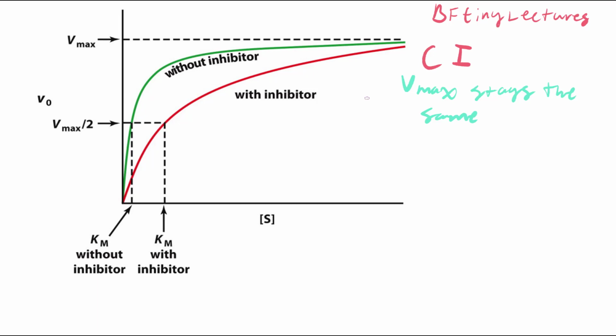Okay, so Vmax stays the same, but notice something kind of peculiar over here: the Km, the affinity, the love for the substrate by the enzyme, actually increases as we add inhibitors. Why is that? Well, again, here's my enzyme, and let's say that we have an inhibitor.